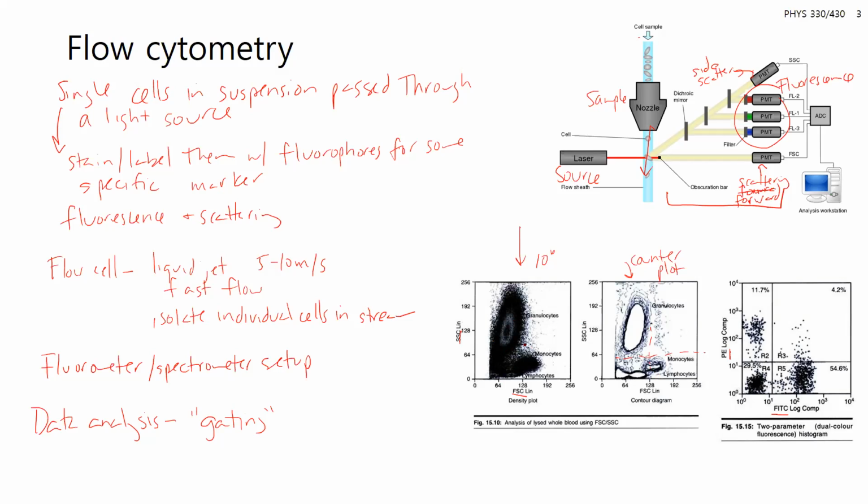You can see that there's quite a bit of overlap. Sometimes it might not be as clearly defined with gaps between. You can see in this example they're showing different cell types have different amounts of scattering, since scattering will depend on the size of the cell that's present there.